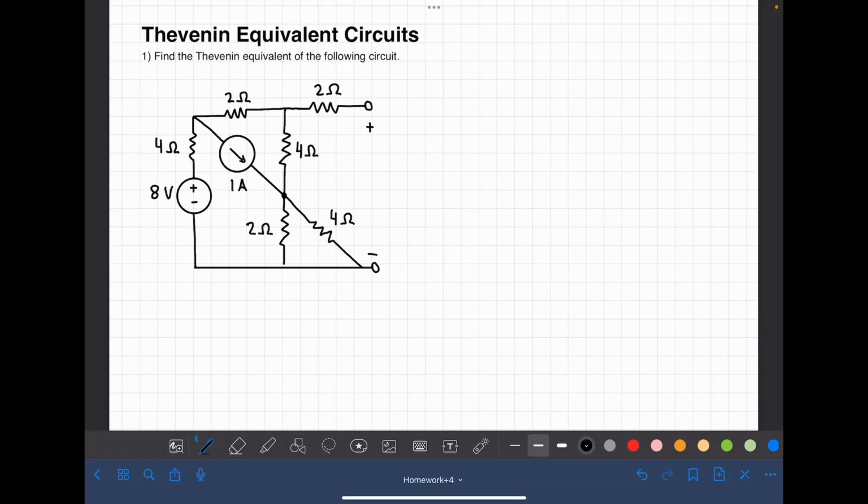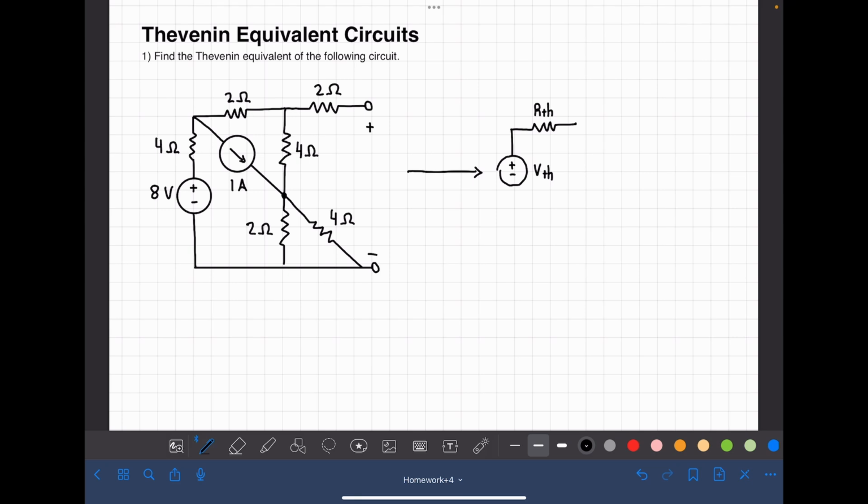Okay, so when you're trying to find the Thevenin equivalent of a circuit, essentially what you're doing is taking a complex circuit like this and converting it into just a voltage source with a value of V Thevenin connected in series with a resistor of value R Thevenin.